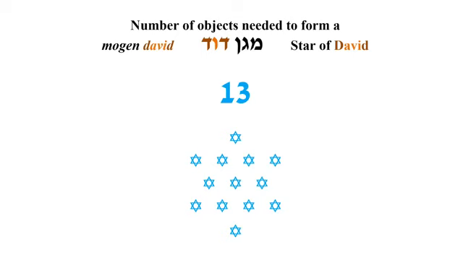The smallest Star of David that you can make, you have to have 13 dots. It's your 3 and 1, 1 and 3, 13. You'll see a Star of David with 13 dots on the back of a US dollar bill. Find it, it's there. So 13 is the minimum number. You can't make a Star of David with 12, you can't make it with 14, you gotta have 13.